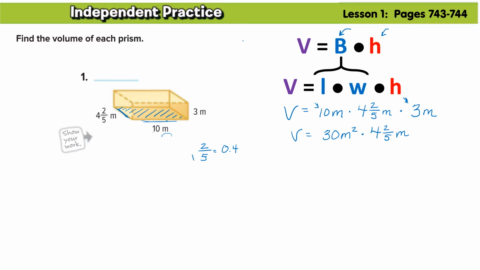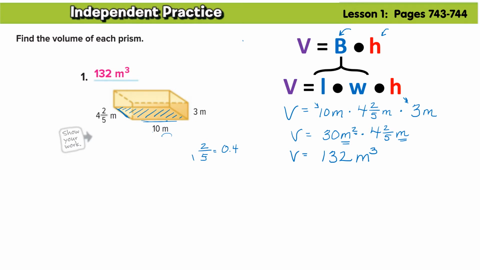Volume equals 132, now this is meters squared times meters, and that's meters cubed. So we have 132 meters cubed.